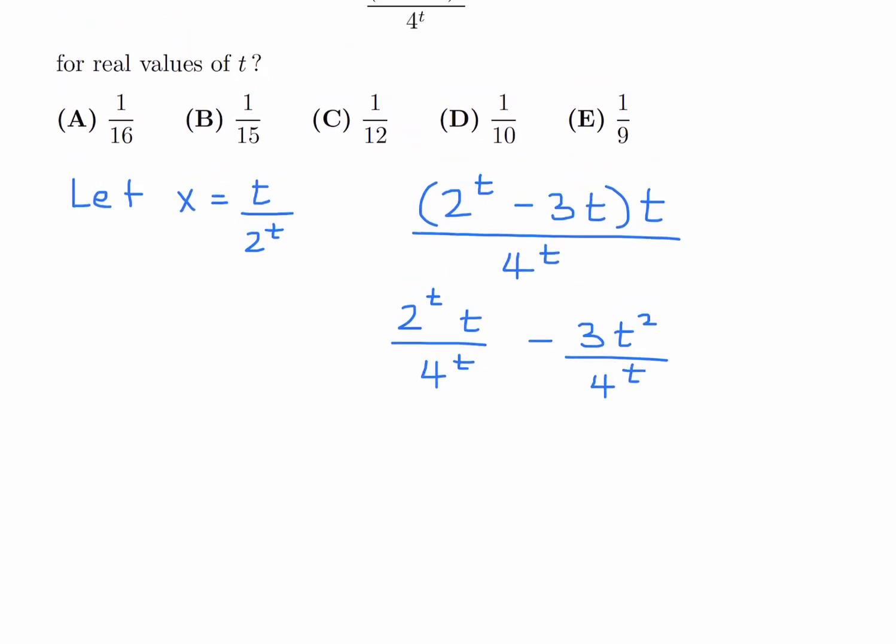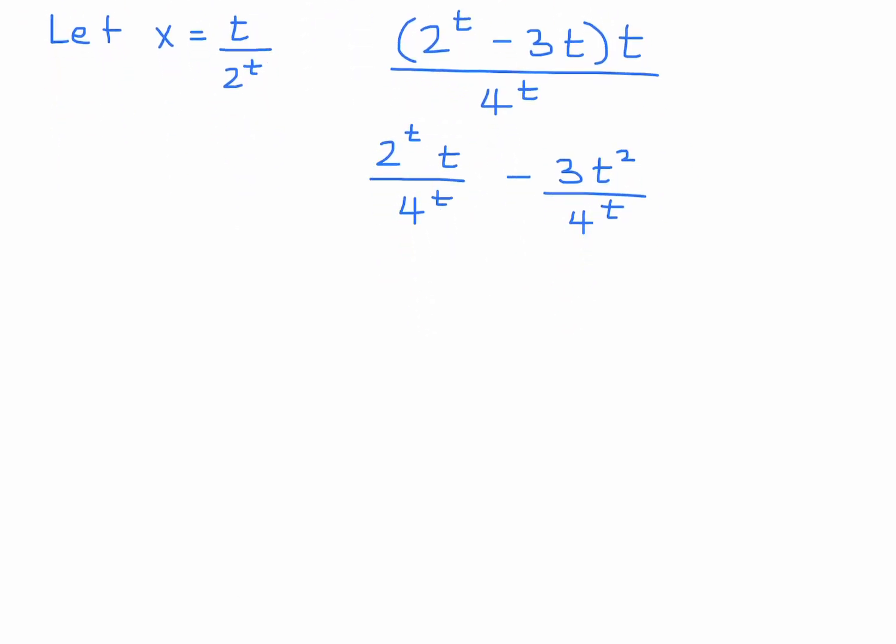And we want to eventually find the maximum value. So now we can break this up. I'll just do this on the side. 4 to the power of t is really 2 to the power of 2 to the power of t, which is 2 to the power of 2t. And that can also be written as 2 to the power of t squared if needed.